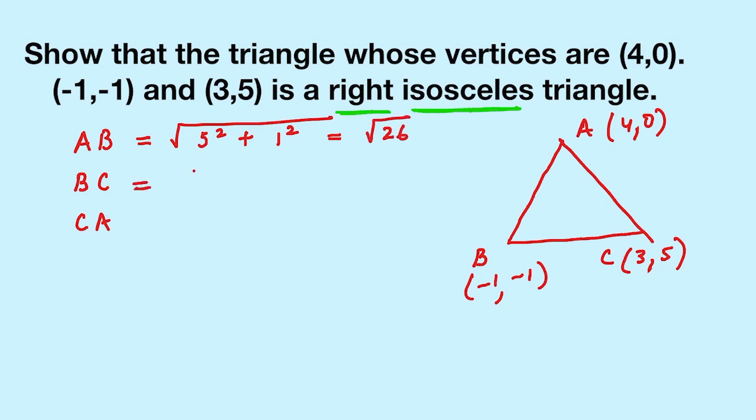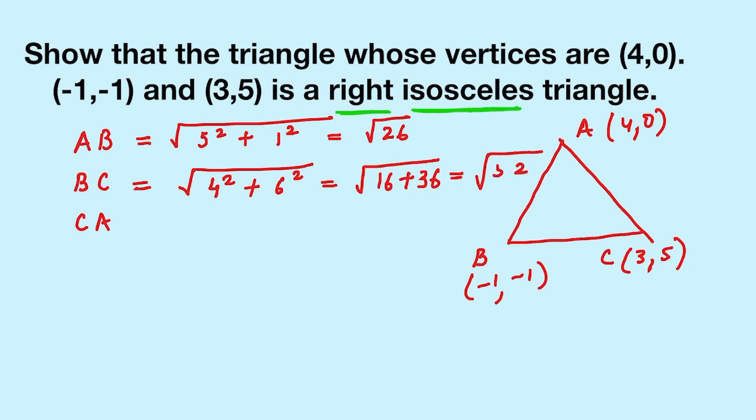Let's take the next, BC. (3 minus of minus 1), 4 square plus (5 minus of minus 1), 6 square. So you get 4 square is 16, 16 plus 36, and that gives you 52. Now let's come to CA.